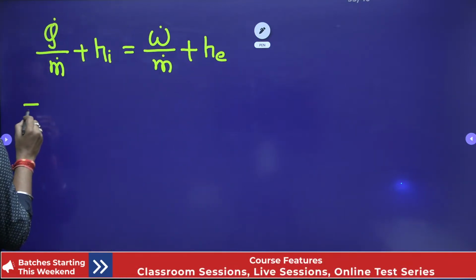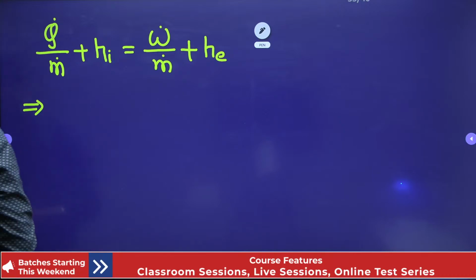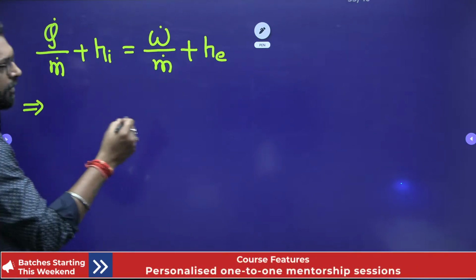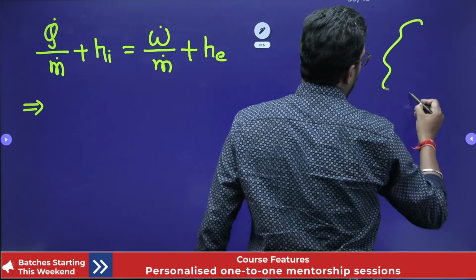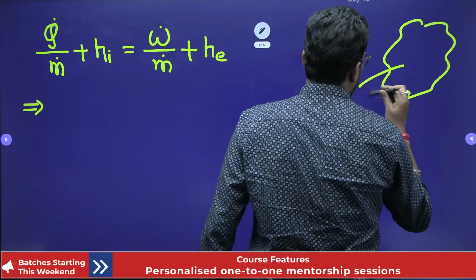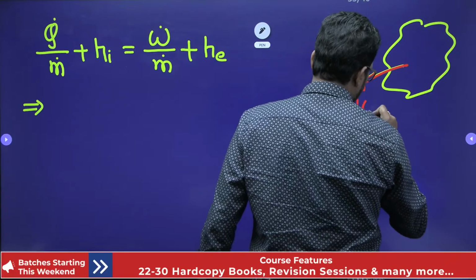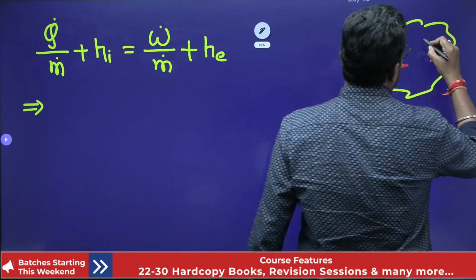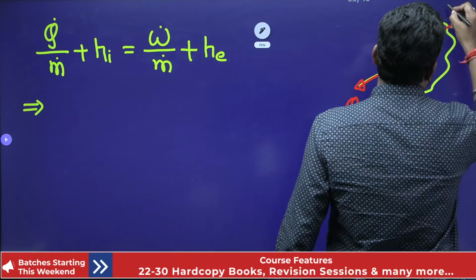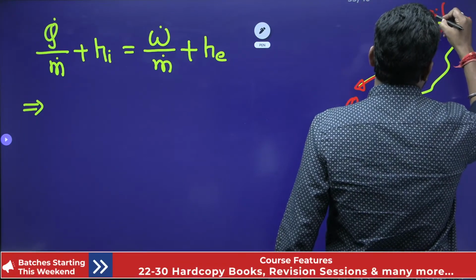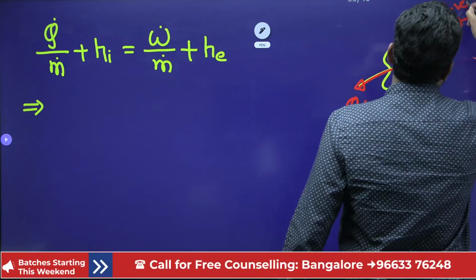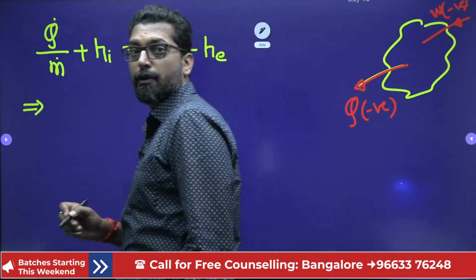Okay, Q dot is what? Heat lost. In this system, if heat goes out, it is negative. If work goes in, this is also negative. So negative is given.